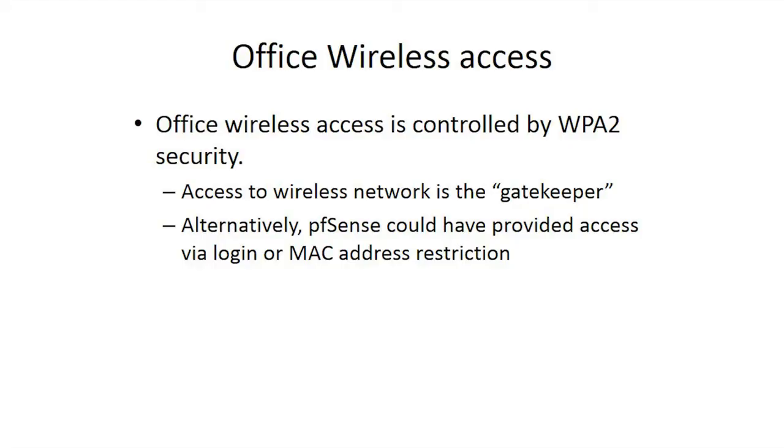So what we did was we set up a separate SSID on the wireless access points, which uses WPA2 security and a strong password. So basically the wireless access points became the gatekeepers. Alternatively, we could have had pfSense provide access via a login or a MAC address restriction, but again, we felt that added too much overhead to trying to maintain the system.